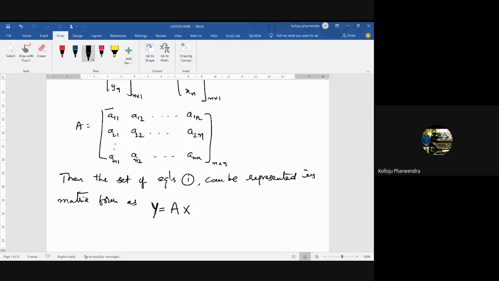The left side is Y and the right side is matrix A times X. This is equation 2.